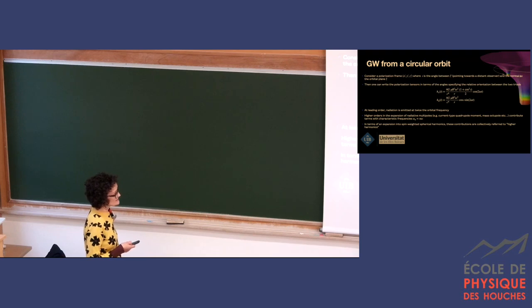And I get this expression, which is quite telling, because if we had some masses performing a motion with orbital frequency omega, these equations are telling us that the polarizations have, in fact, twice that frequency, which is something that we know.